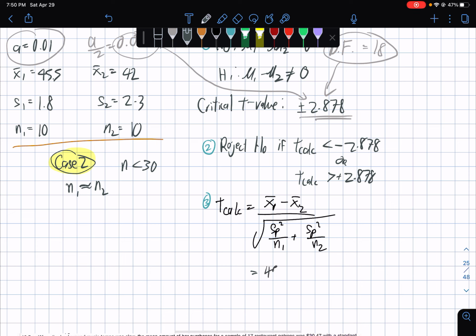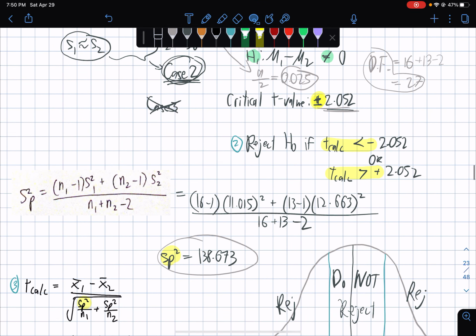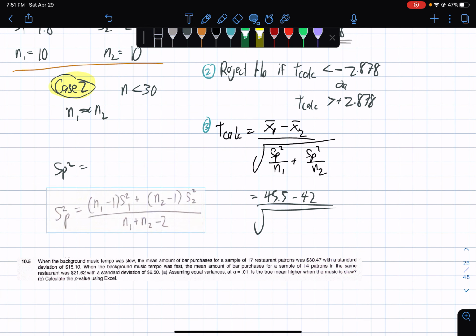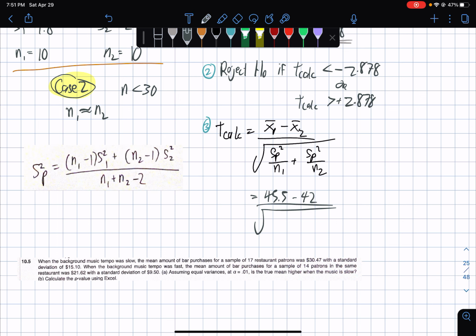X bar 1 is 45.5, x bar 2 is 42. Oh my goodness, we have to compute for the Sp squared variable. I don't memorize the formula, so yeah, copy paste. The perks of using online note taking. You can just easily teach this way.